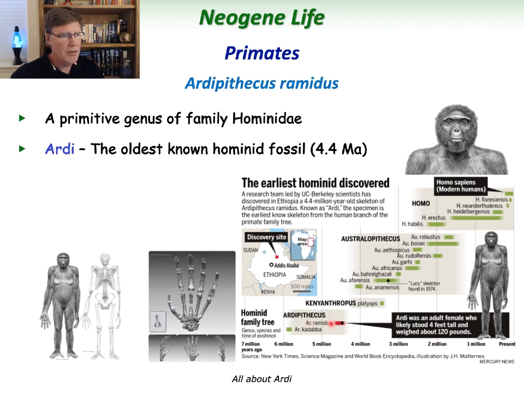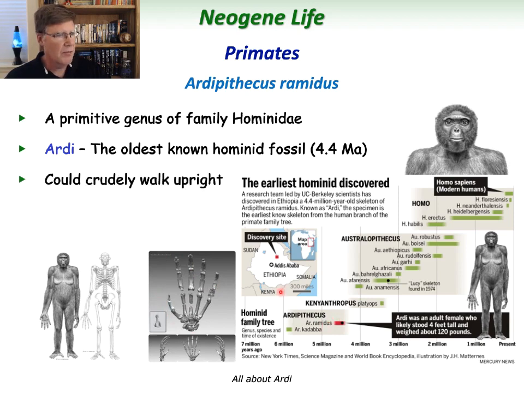Ardipithecus ramidus, the genus and the species. There might be a slightly older one, but Ardi here was probably about 4 feet tall, and although the skeleton I think was somewhat crushed, it was fairly complete. Here's the bone structure in the hand, a fairly well preserved fossil.